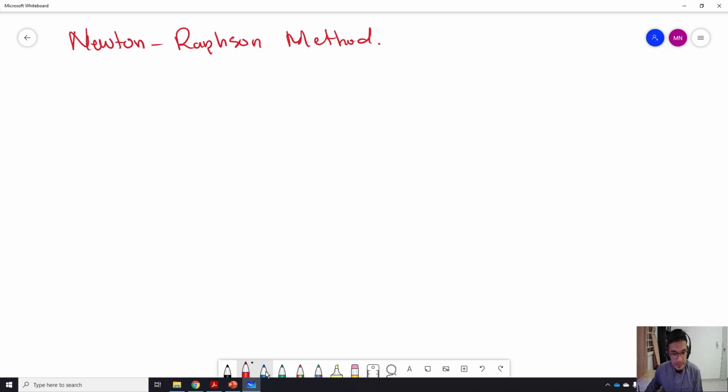Okay, not the exact, but almost exact and better than the previous one that we already learned. Newton-Raphson method is actually based on the tangent of the curve.